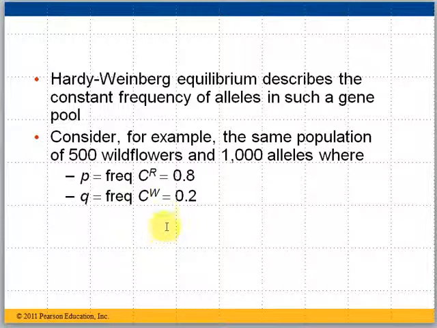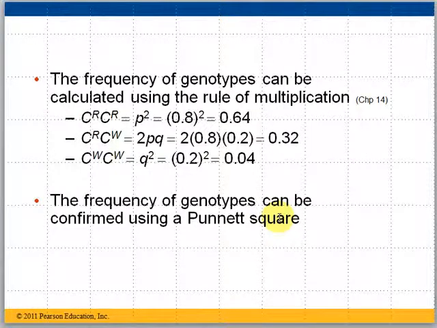We can use these numbers, which represent the frequency of the alleles, to then calculate the frequency of the genotypes. So for homozygous dominant, we're going to have 2 of the dominant alleles. So we're going to do some multiplication using our rules of multiplication. That would be p squared. So our 0.8 times 0.8, or squared, is 0.64.